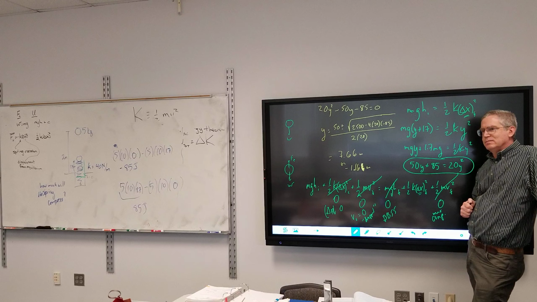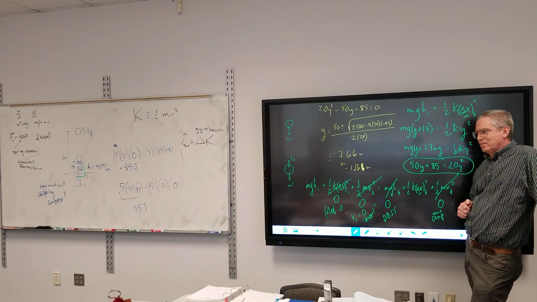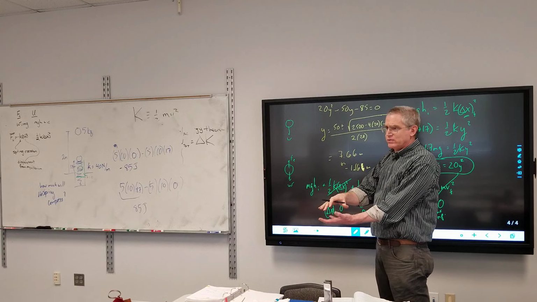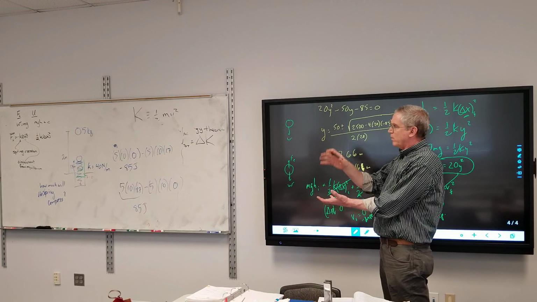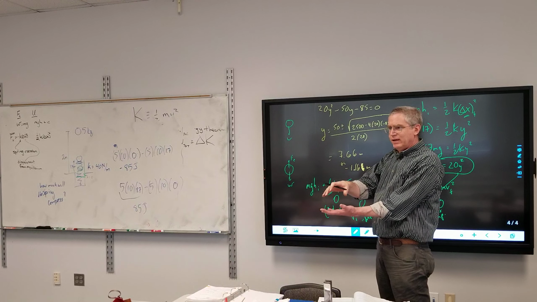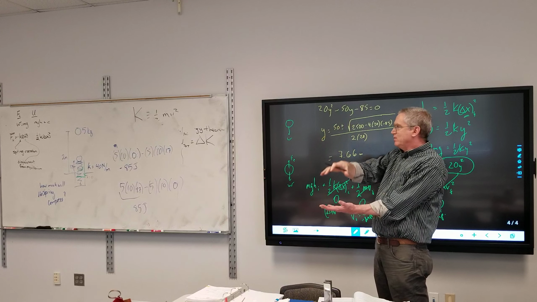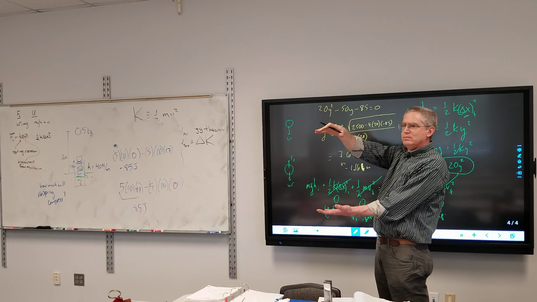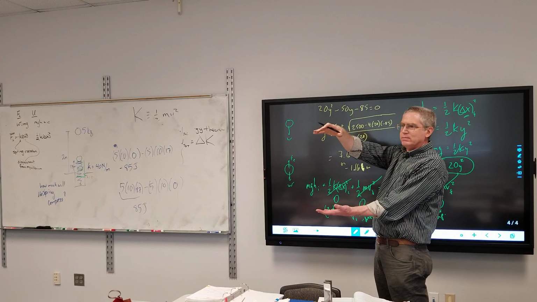Would one be its maximum compression and one be how much it springs back? Yeah. So it's going to compress down 3.66 meters, and then if the ball or whatever the object is stuck to the spring, when it bounces back, it's going to go 1.16 meters above where the spring initially was.